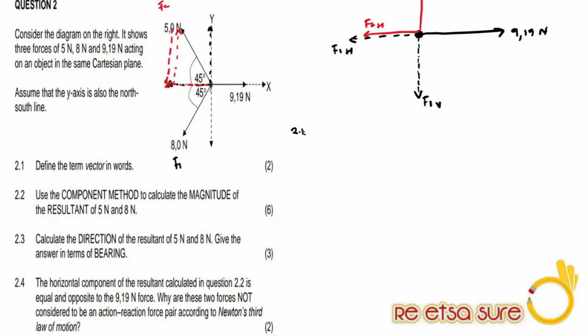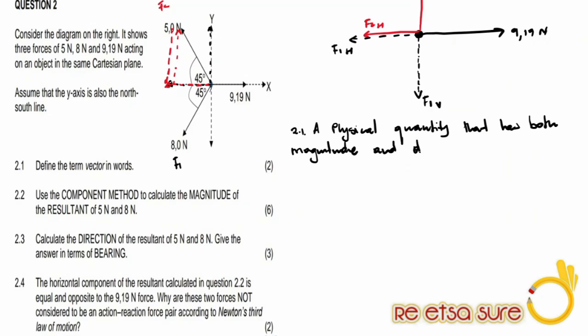A vector is a physical quantity that has both magnitude and direction, and then you will get your 2 marks.